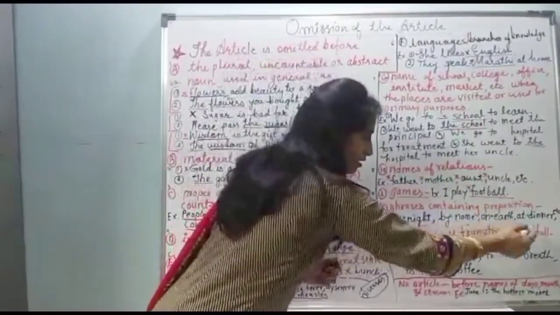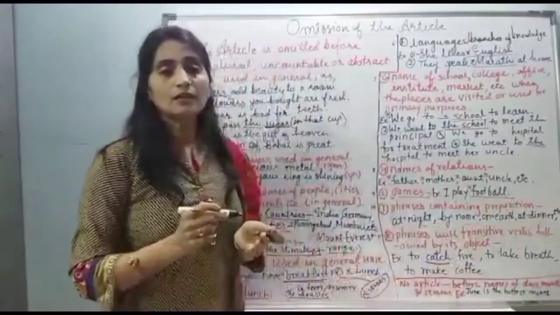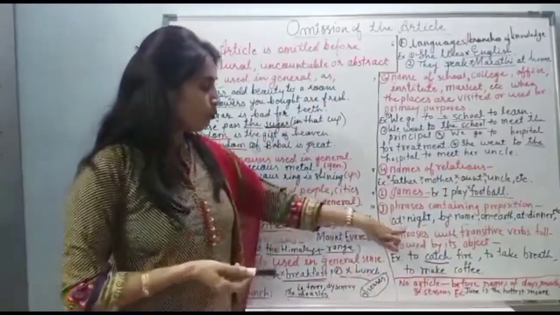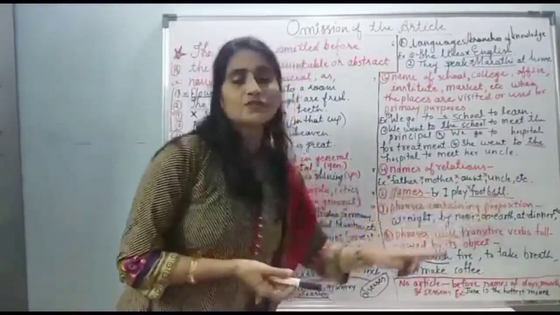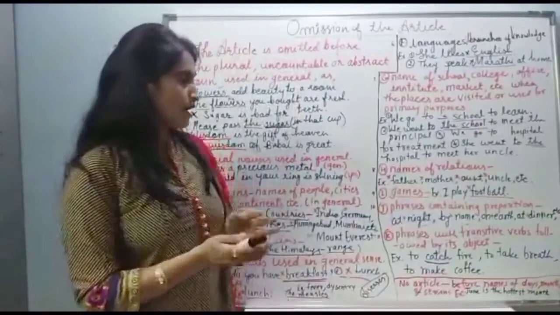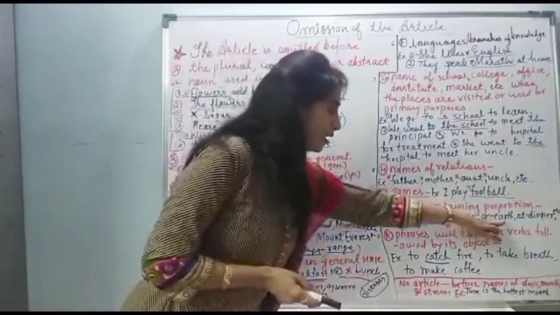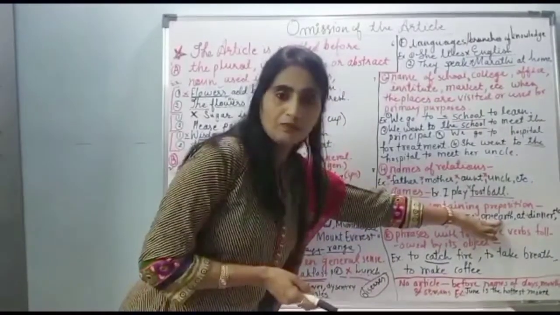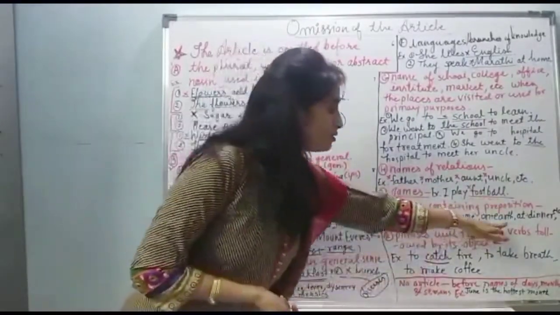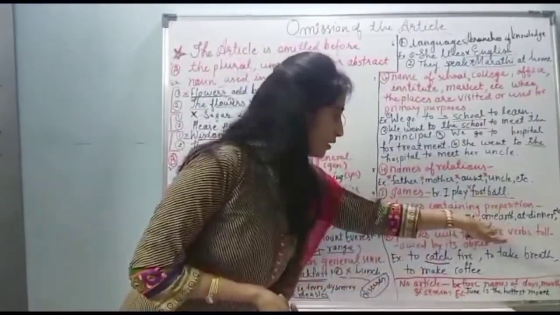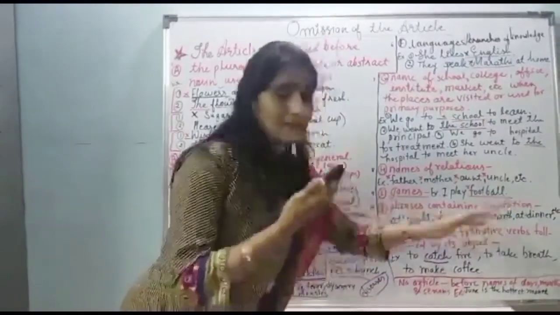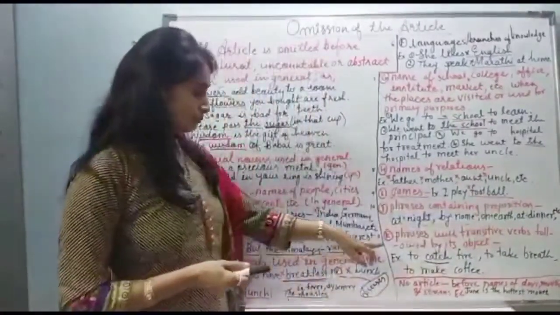Night, name, earth, dinner are the nouns, but before them there is a preposition, and that's why we should not make use of any article before these nouns. Okay, see this now.